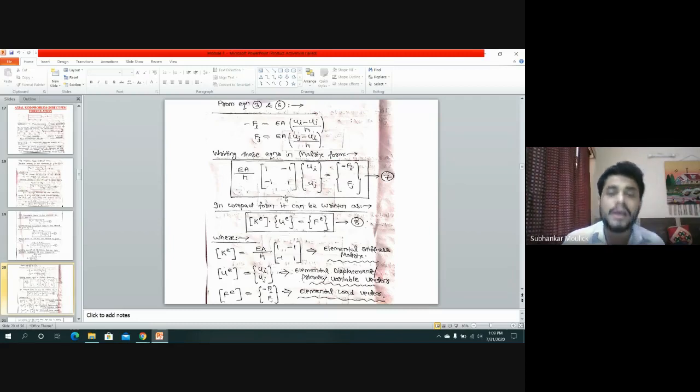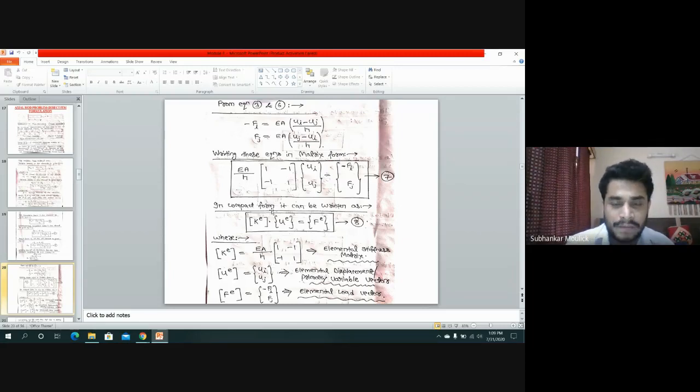How can I check? If I use the concept of multiplication of matrix, I should get minus fi equal to e into a, ui minus uj by h. Also, I should get fj equal to e into a, uj minus ui by h. Let us multiply.